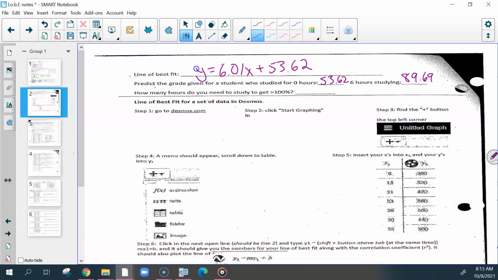For this last one, it's asking how many hours do we need to study to get more than 100%. So we could set this equation greater than 100. I'm going to do this in this space, we don't really have room. And you would solve for x.